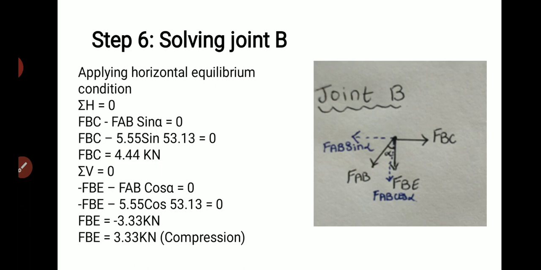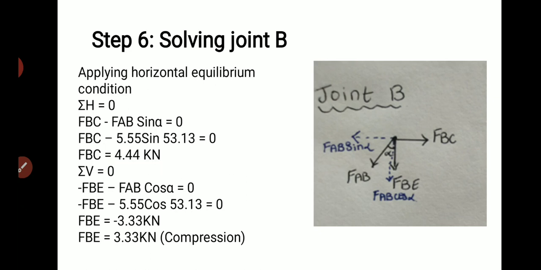The next equilibrium condition is sigma V is equal to 0. Taking it into consideration, there are only two vertical forces, FBE and FAB cos alpha, both in the vertically downward direction. Therefore minus FBE minus FAB cos alpha is equal to 0.